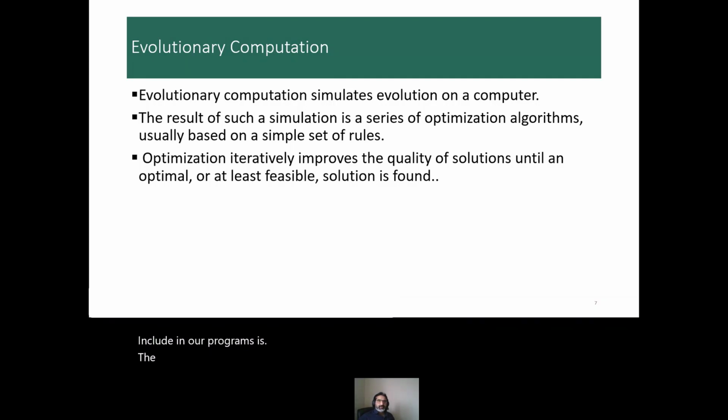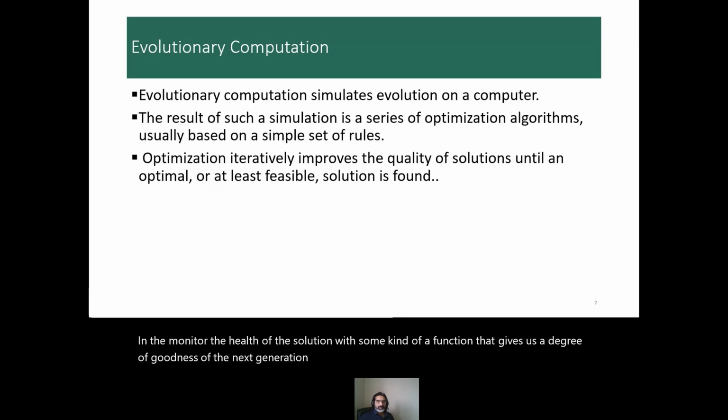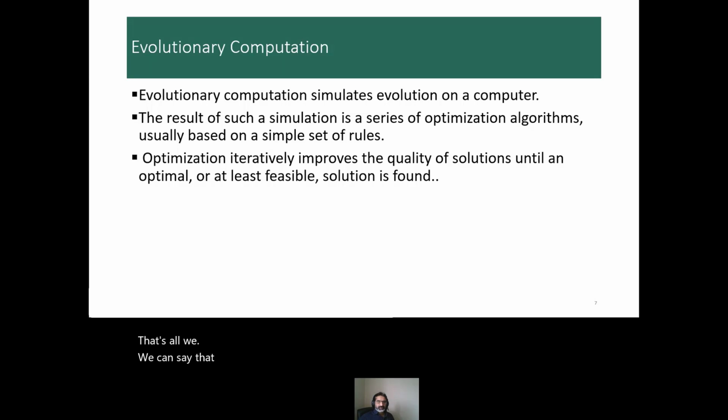Over time, we repeat those processes and monitor the health of the solution with some kind of function that gives us a degree of goodness of the next generation solution. And that's all. We can say that this proposition of bringing evolutionary principles into computations is quite well motivated.